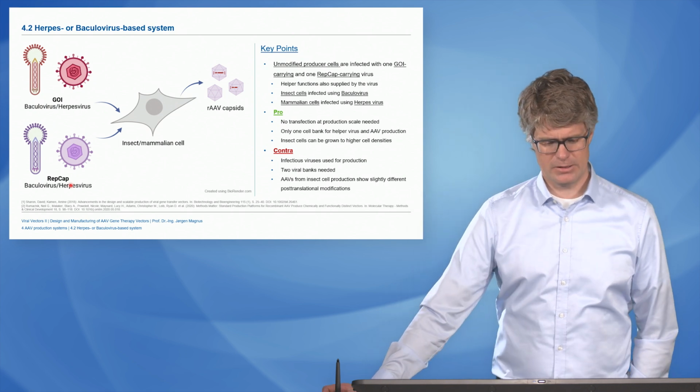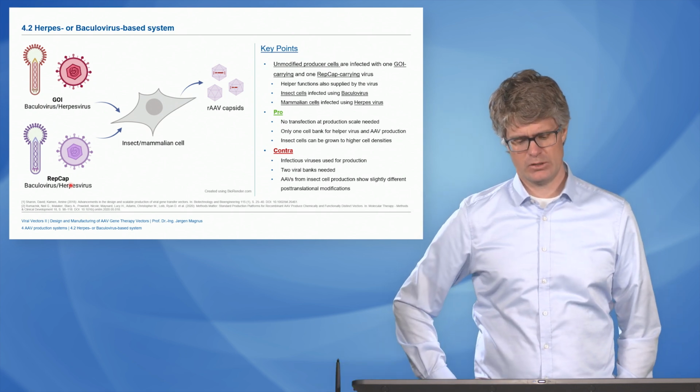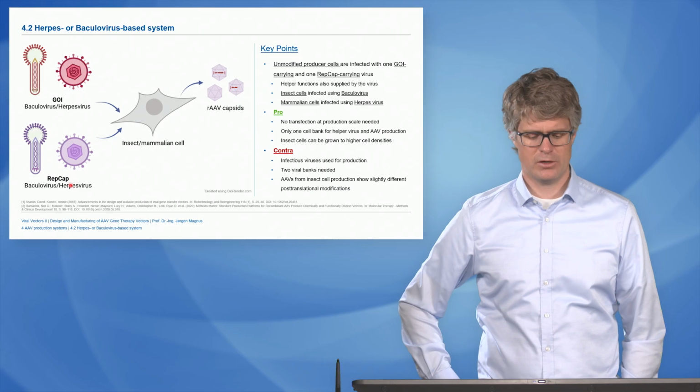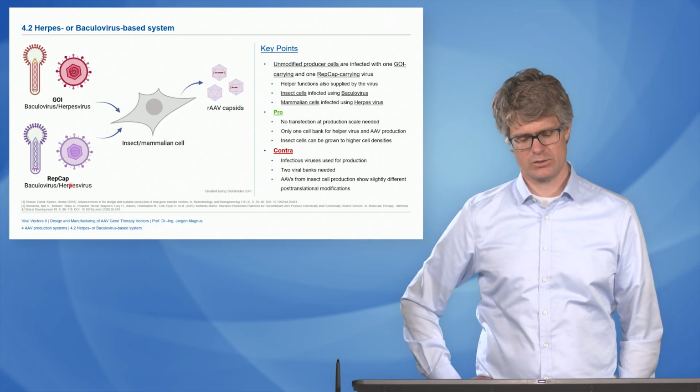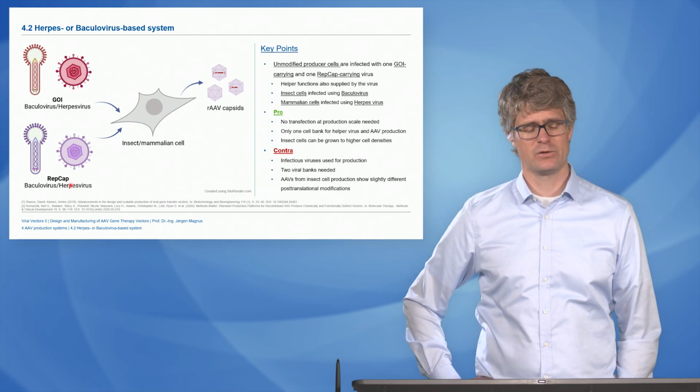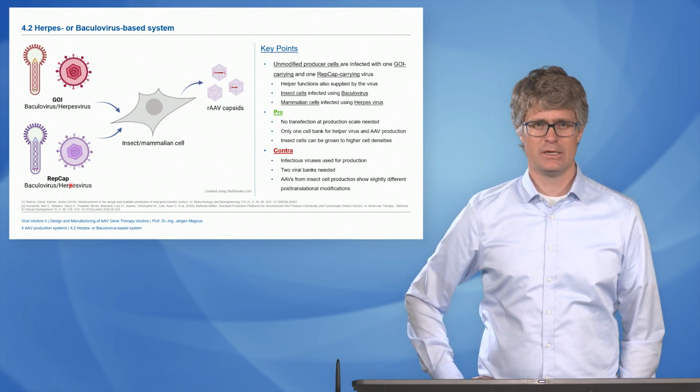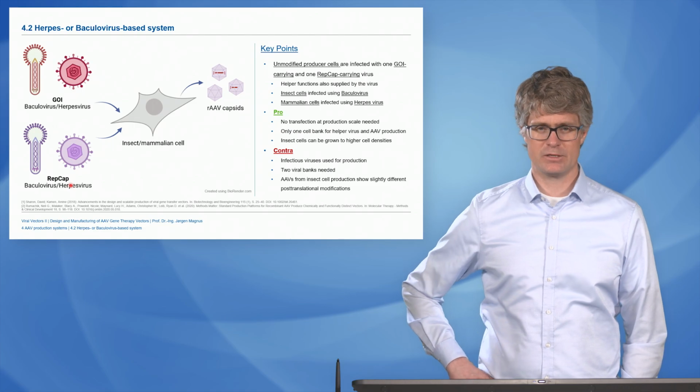But it has been a technology that has been used, and it has been used partly because insect cells are easy to cultivate in suspension cultures, whereas human cells, at least in the past, have often been cultivated in adherent cell culture.